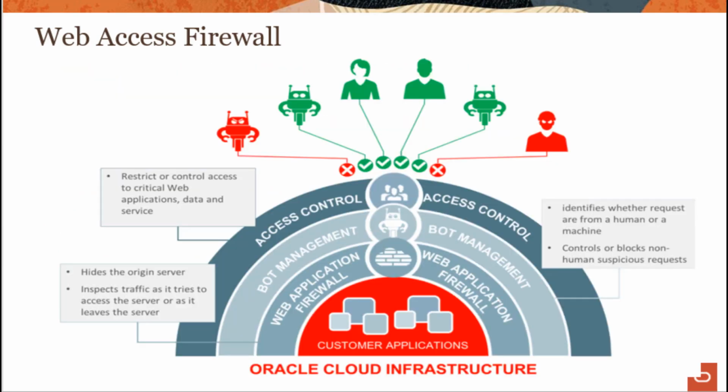Going a bit deeper on web access firewall, here we can see we have a customer application and then multiple layers of protection that a web access firewall provides. If we look at the first layer, which is the web application firewall layer, it hides the origin server. In addition, it also inspects the traffic as it tries to access the server or when it's leaving the server.